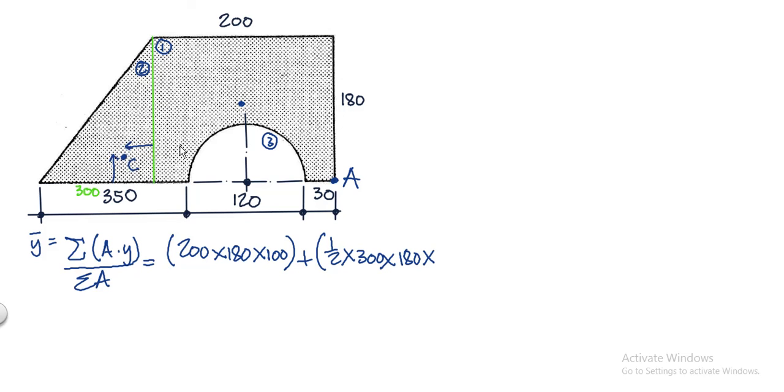So what's y? Y is the distance. I made a mistake here. That's wrong. I used the horizontal distance.